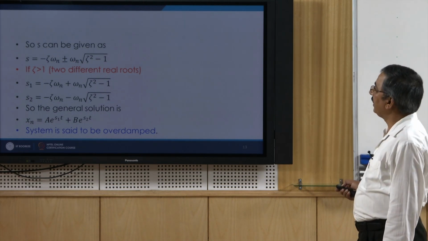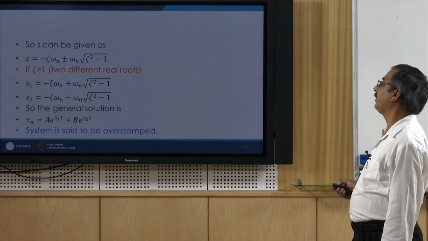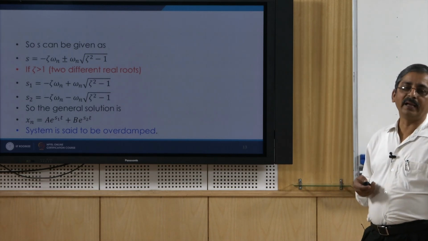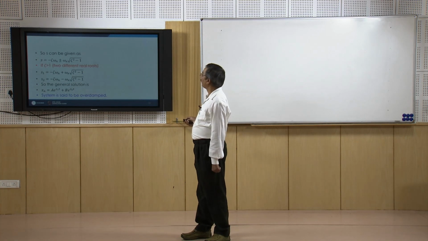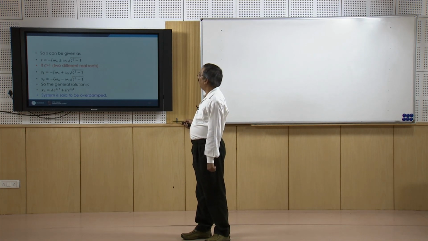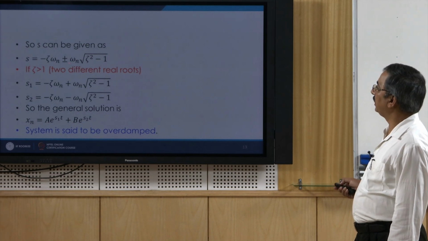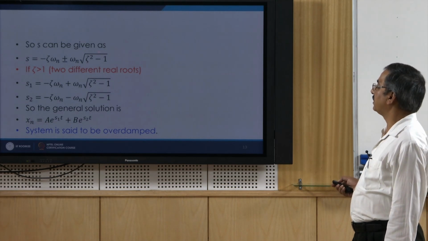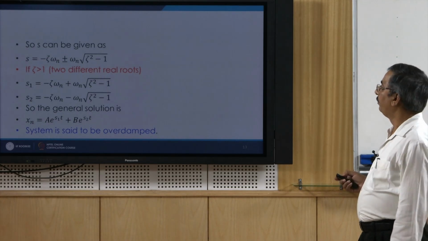Now, you can see here the solution for s is going to depend on the value of zeta, which is popularly called the damping ratio in vibration terminology. Okay. So, here if zeta is going to be more than 1, then naturally we are going to have two different real roots, because this number inside here is going to be a real number, more than 1.